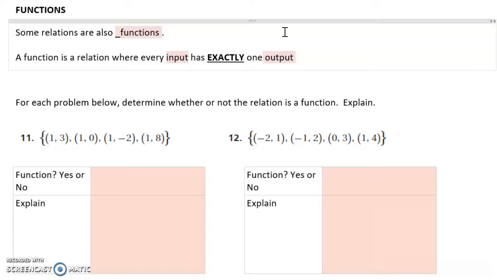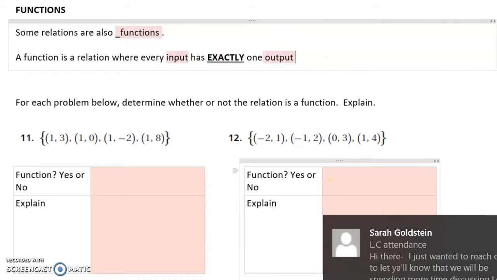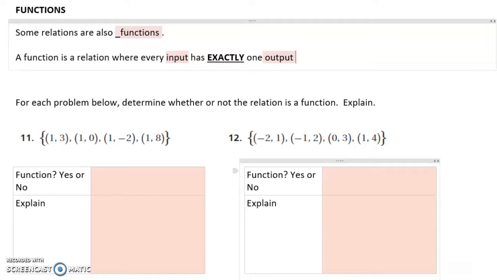That makes it a function. Not a function would be if you pressed the Coke button and then Sprite came out, because you're doing this input, pressing the button, but it's spitting out something other than Coke. It's spitting out two different things, both Coke and Sprite, therefore not a function.